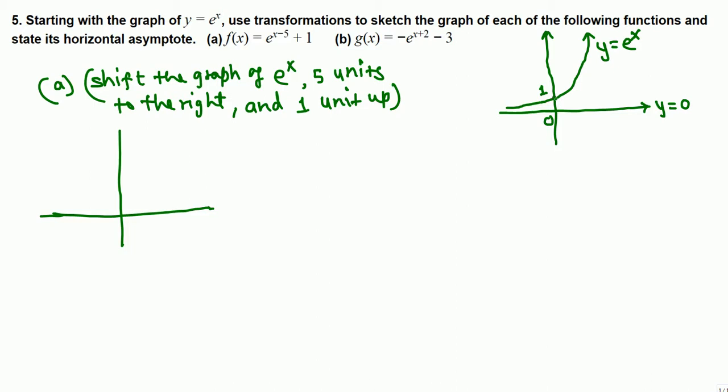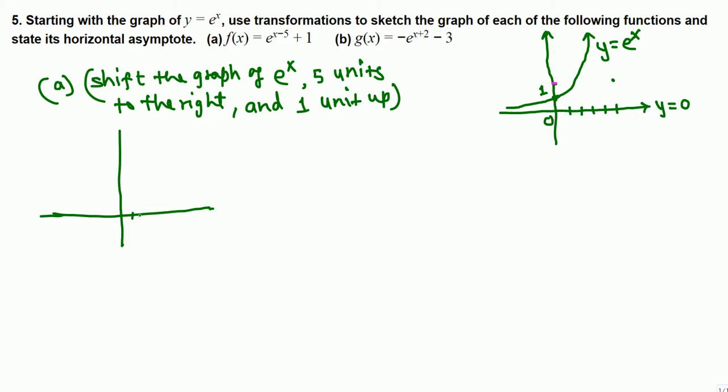Let's track this point (0, 1). So when we go 5 to the right, 1 2 3 4 5, this will be over here, and 1 up, so 1 2, this will be 1 over here. When we move 5 to the right and 1 up, it will be there.